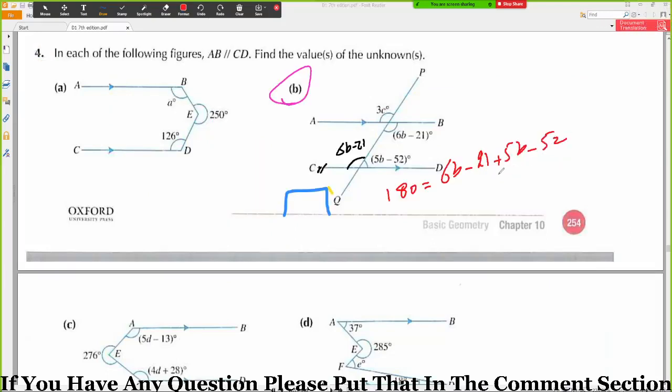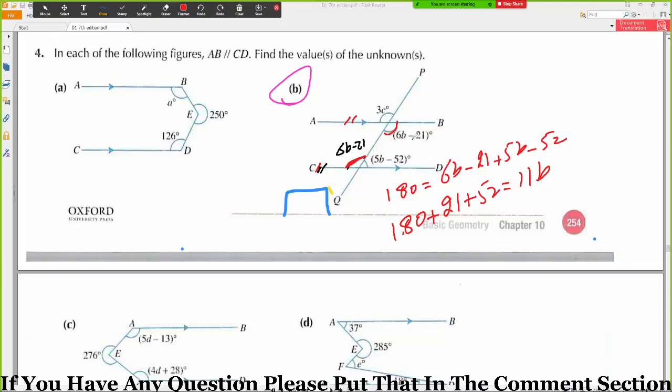180 equals 6b minus 21 plus 5b minus 52. Add all these. Actually, here I have used the concept of alternate angles. This line is parallel to this line, and this line is crossing these two parallel lines. So this angle will be the alternate angle of this angle, and as I already told you, alternate angles will be equal to each other.